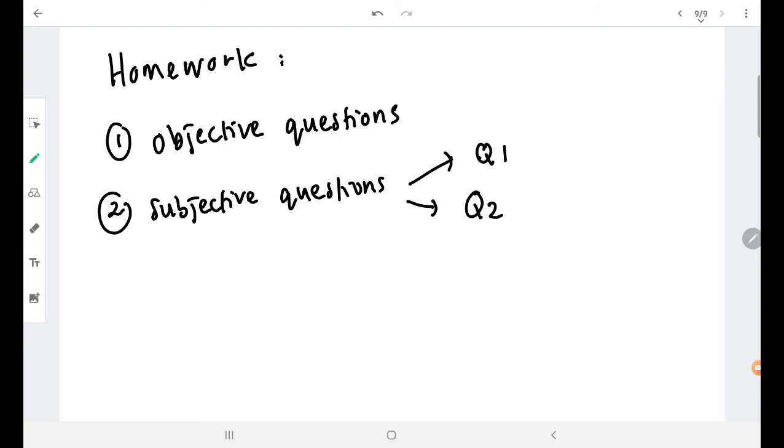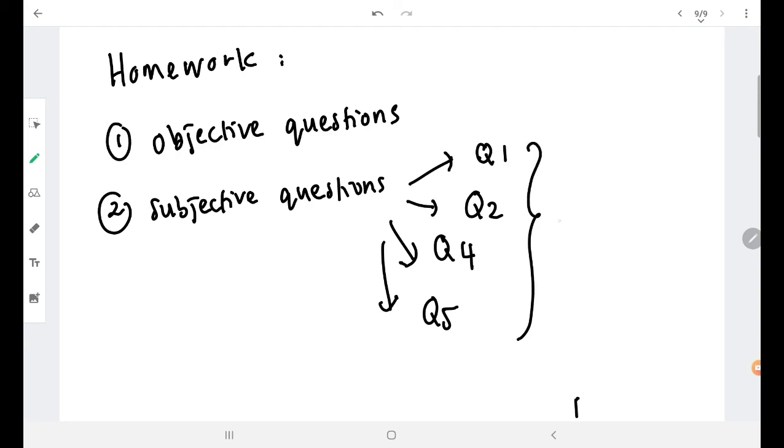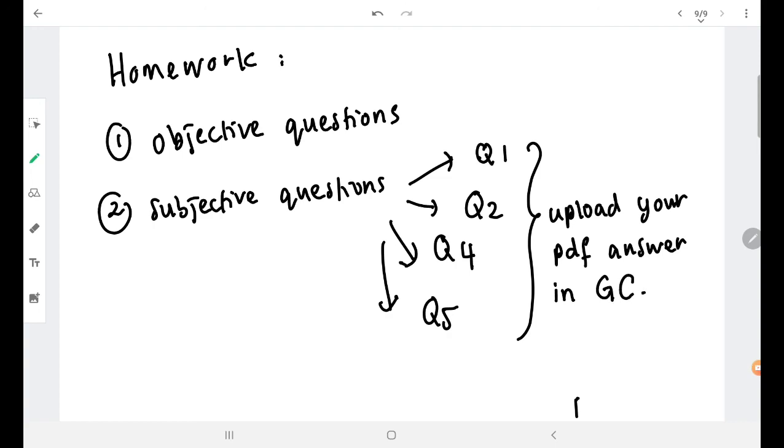Question 3 we have discussed before. Question 4. And question 5. So make sure you upload your PDF answer in Google Classroom before our class ends.